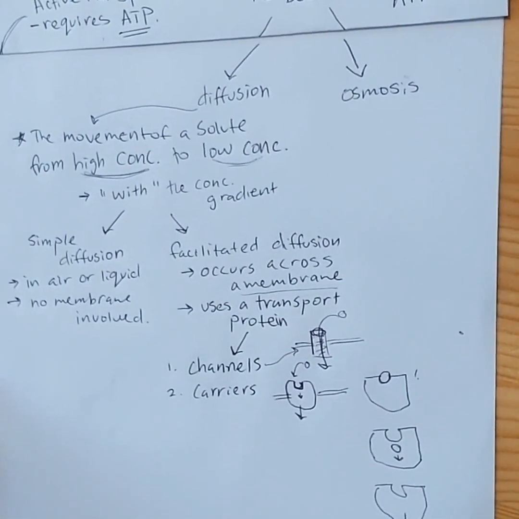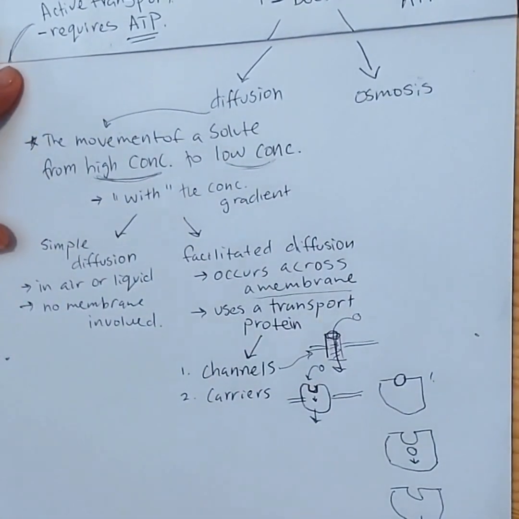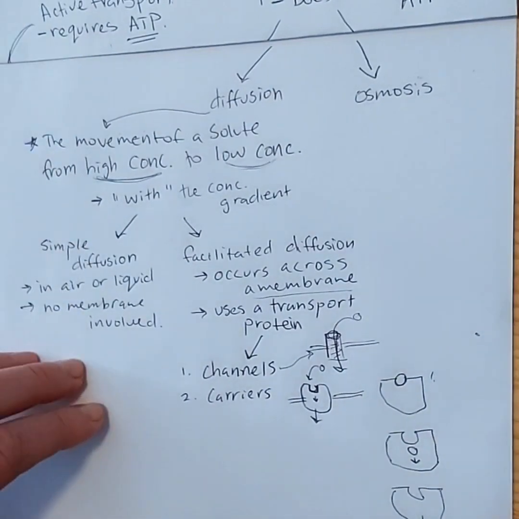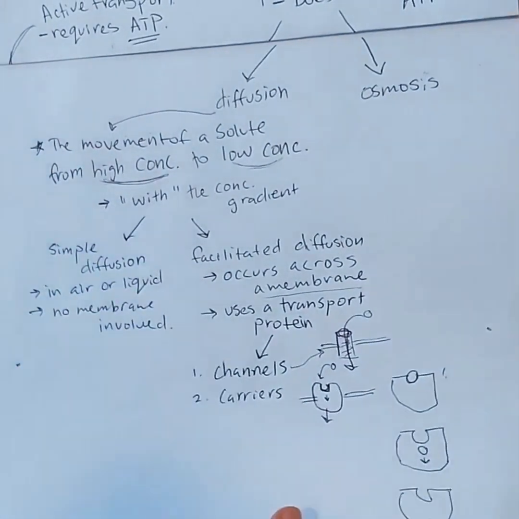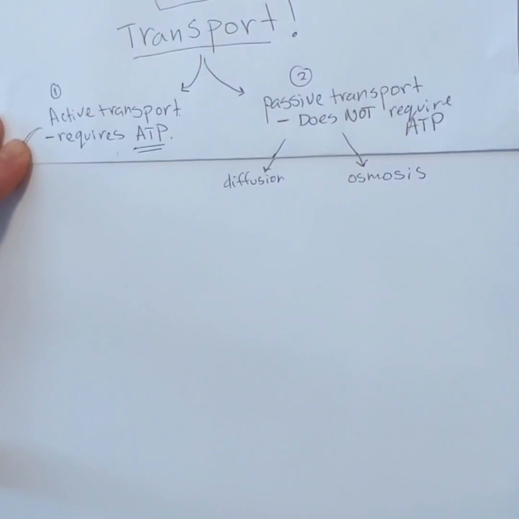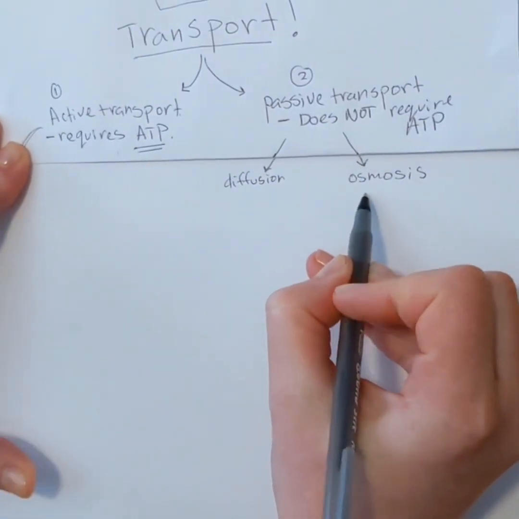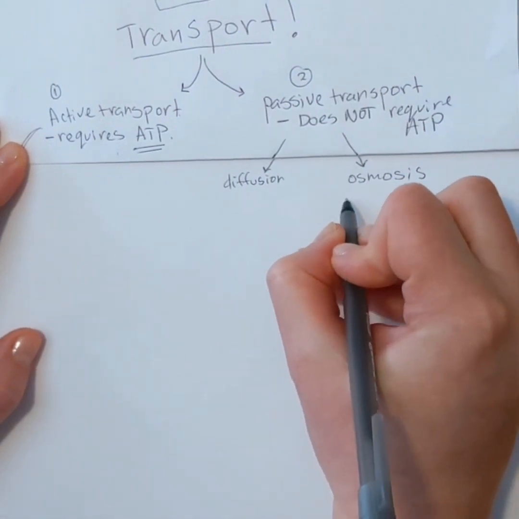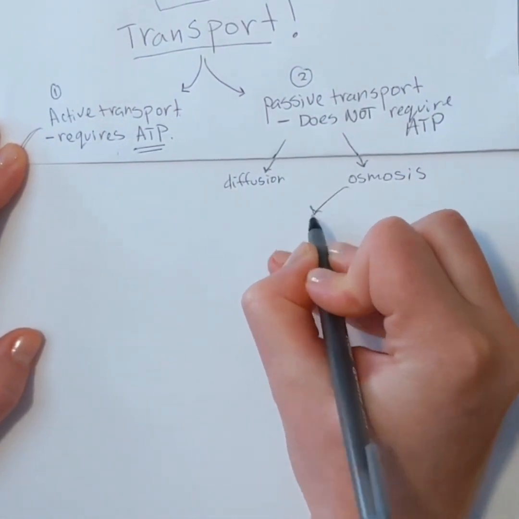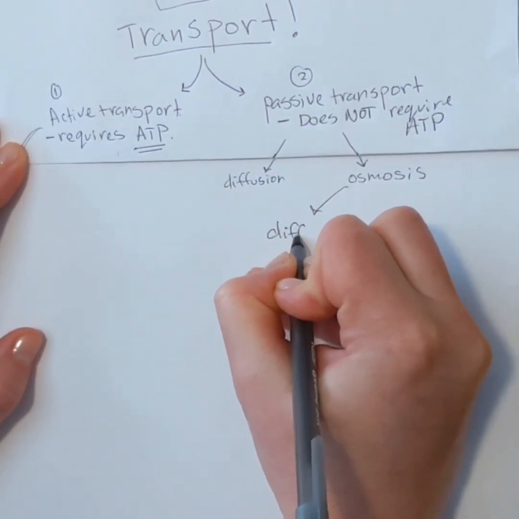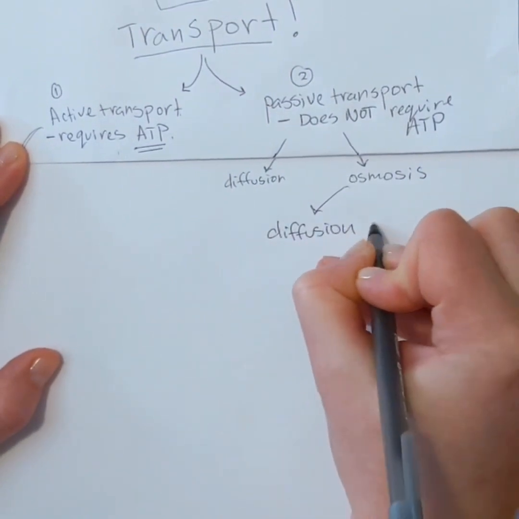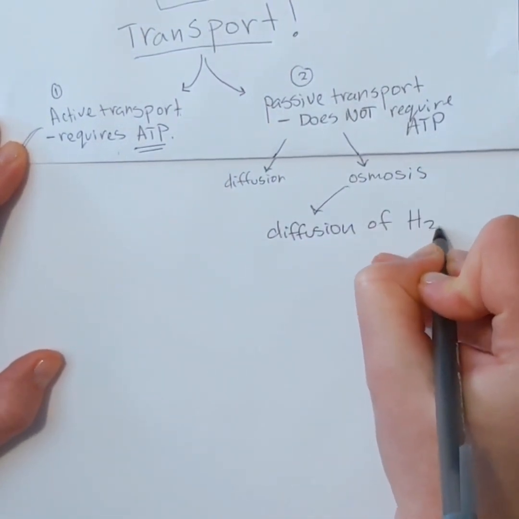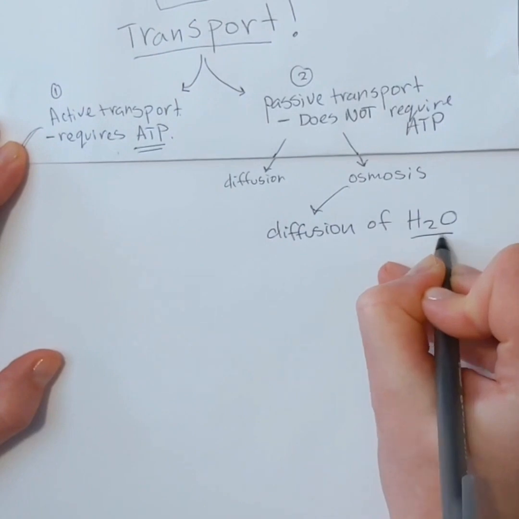Fabulous. Now that we've got diffusion, one type of passive transport, done, let's look at osmosis. Osmosis is a type of diffusion, but it's the diffusion of water.